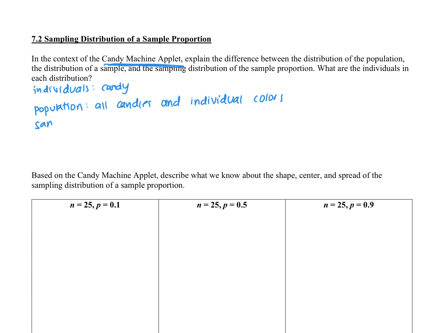Sample would be the candy colors for one sample of size n equals 25.